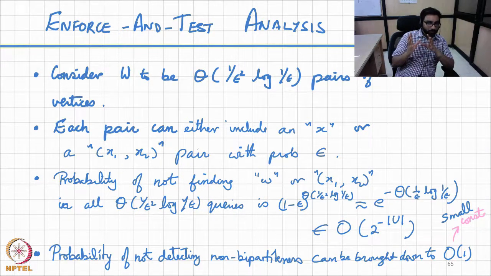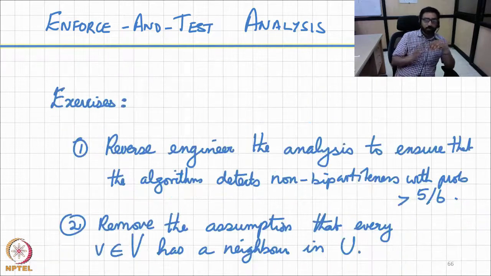But there are a few details that need to be worked out. There are two exercises that we need to complete. First, we need to reverse engineer the analysis to ensure that the algorithm detects non-bipartiteness with some reasonably good probability, say 5 over 6. That's fairly easy.